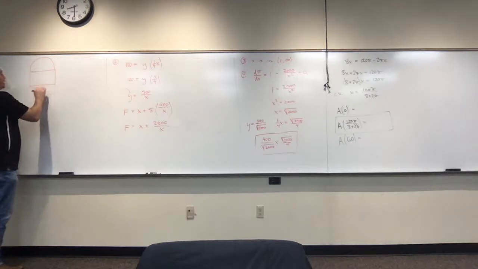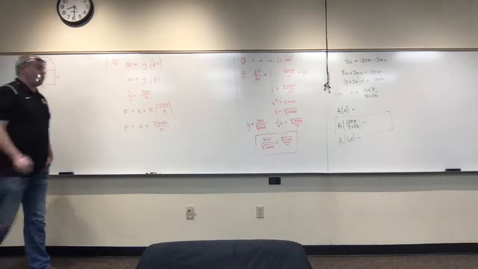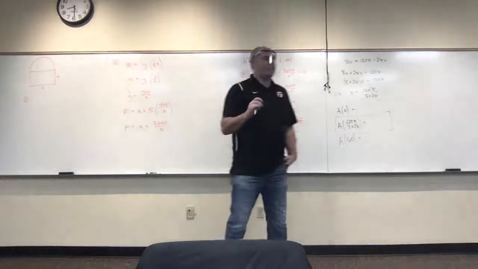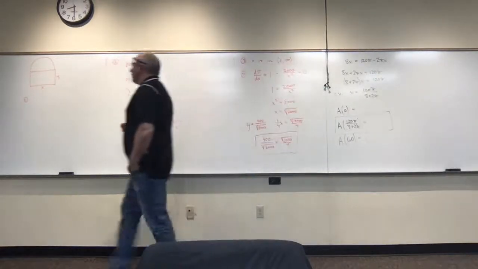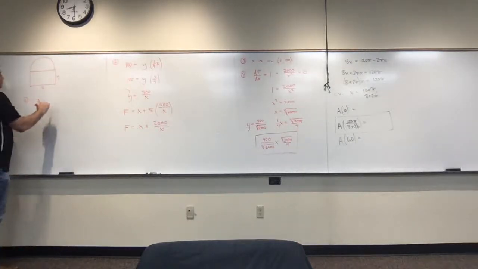Maybe I'll call this x, and I'll call this y. Then the first problem always is to figure out what is it I'm trying to make big or small? In this case, it's the area of the window, that's right. So we want to find a formula for the area of that window.